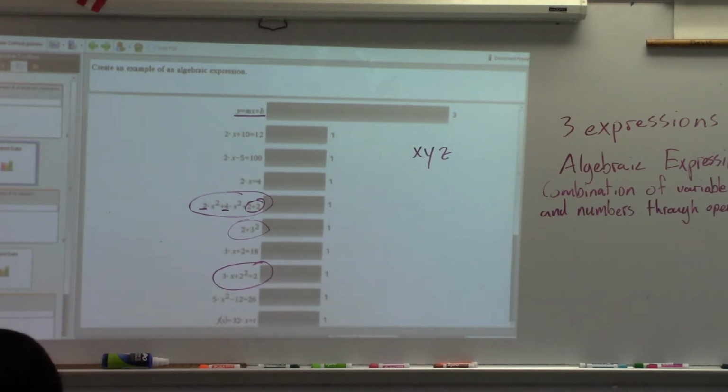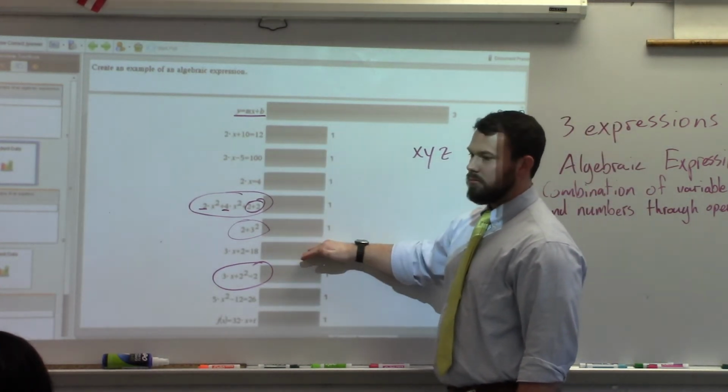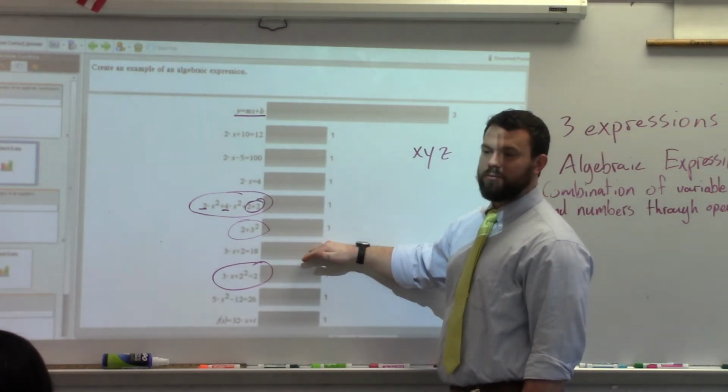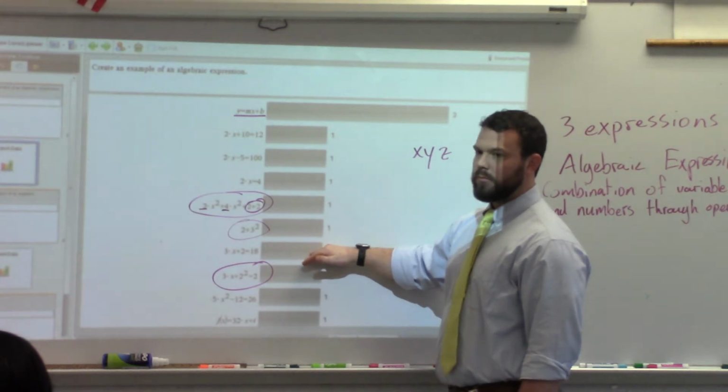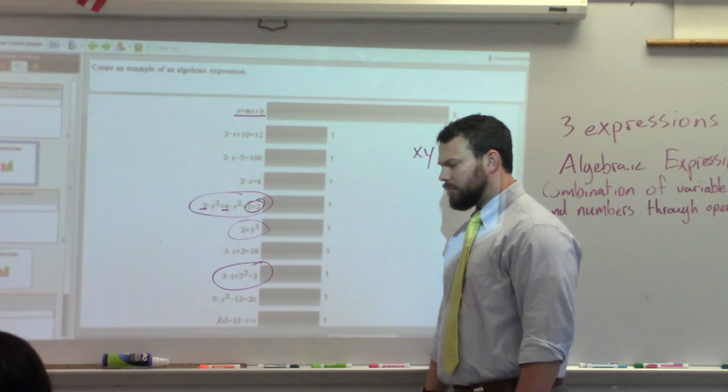So can we have an equation and it be an expression? Can we have an equal sign and it be an expression? Yes. Well, I mean, did I count these as expressions? No. So can we use that as an expression? Nope. Doesn't work. Can't have an equation.